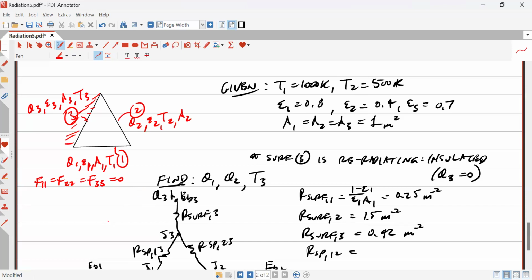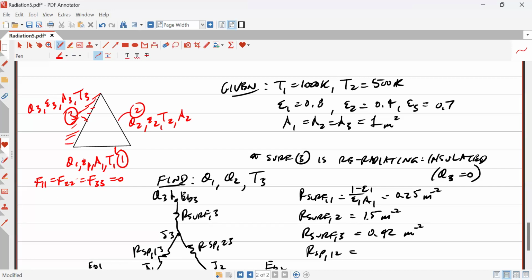Because we're flat surfaces. Note that it's difficult to use the resistor network when you have complicated view factors, or notice that the resistor network doesn't include where you have surfaces radiating back on themselves. So all of the examples we've had, F11, F22 being 0.